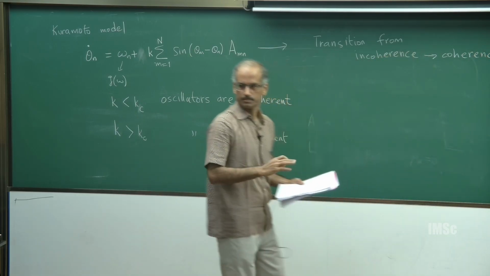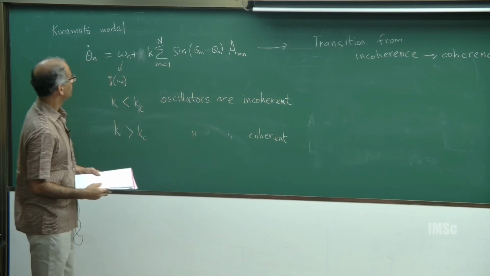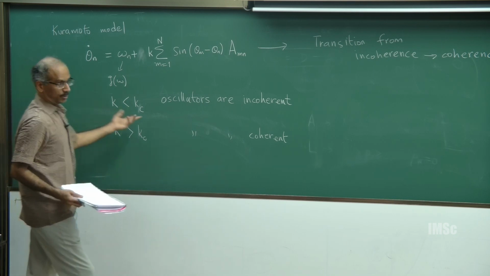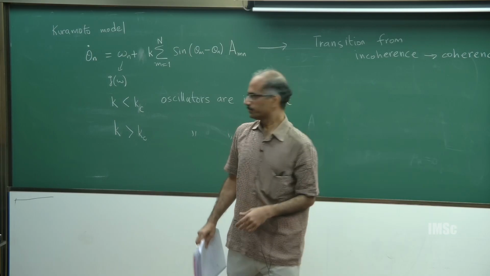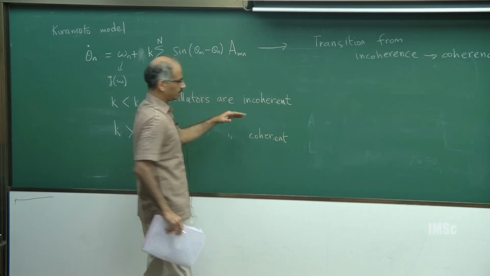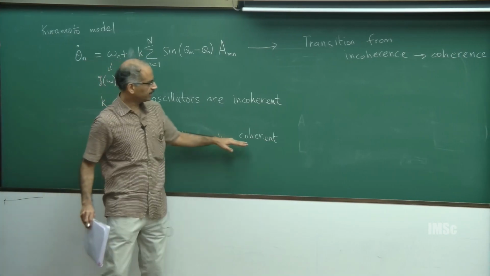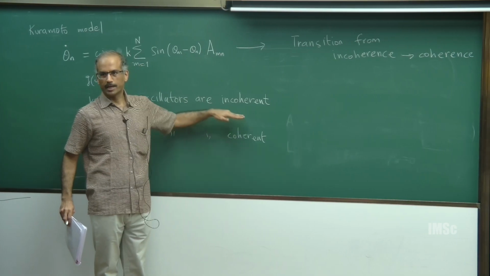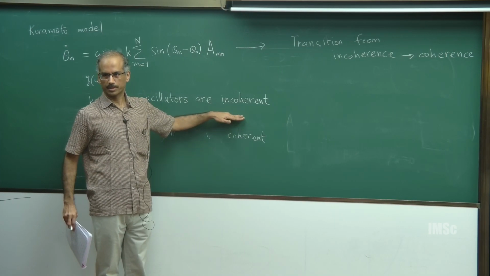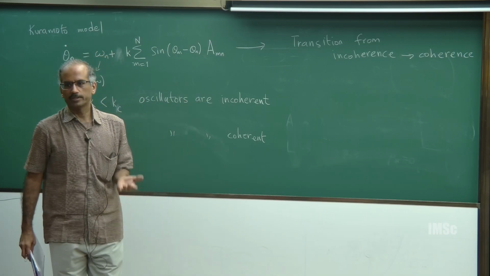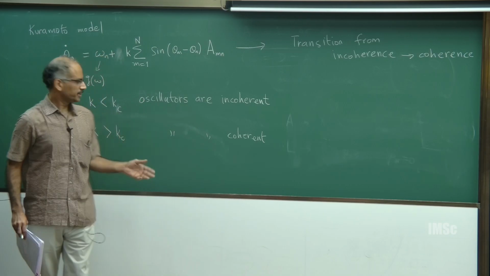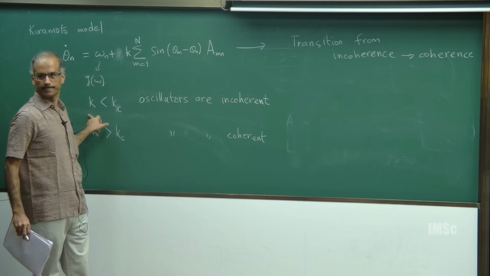How do we get kc? One way is you normally define what is called an order parameter. It will take a different value in this phase and a different value in that phase. The simplest way of doing it is to numerically compute that order parameter as a function of this k.